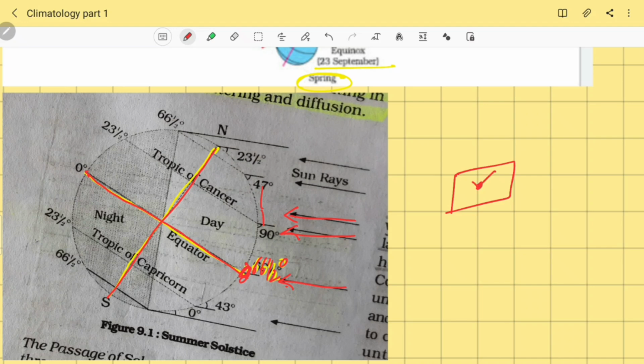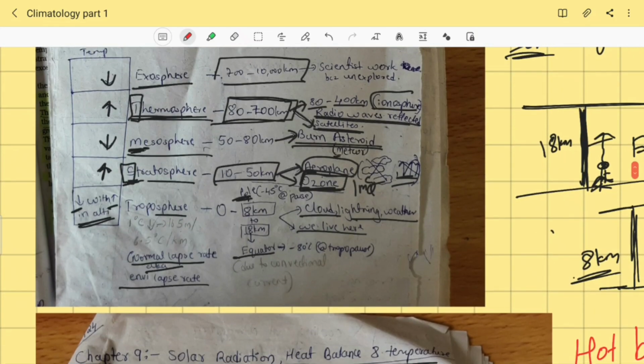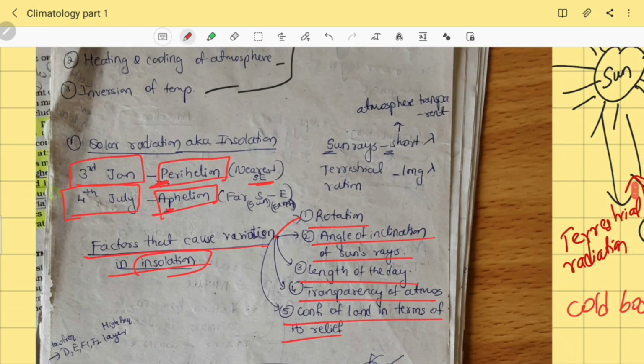But if it is scattered, then the paper won't burn because the energy is distributed in that place. So the angle of inclination of sun rays is one of the reasons for variation in insolation. Okay, so that's done.